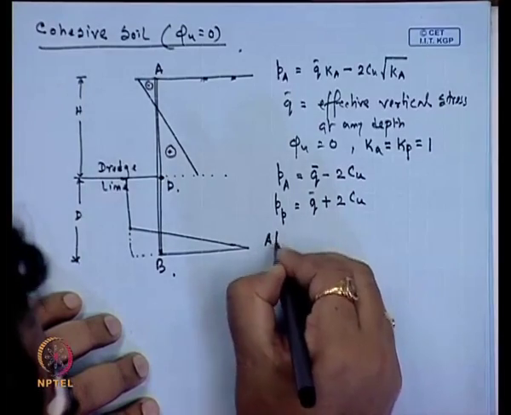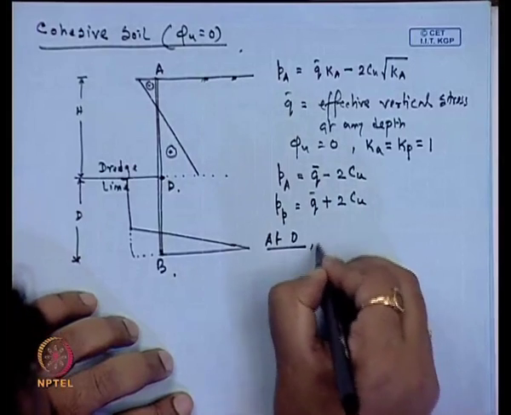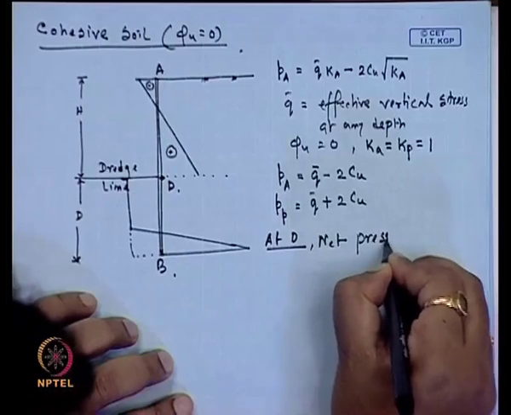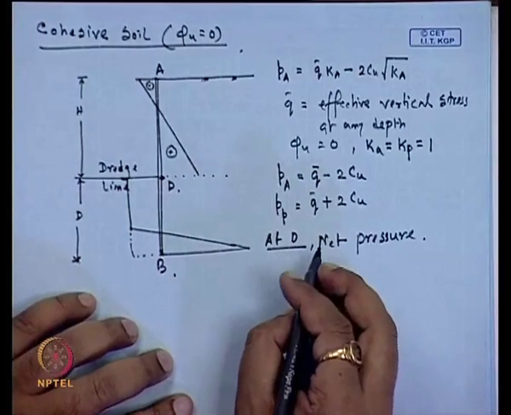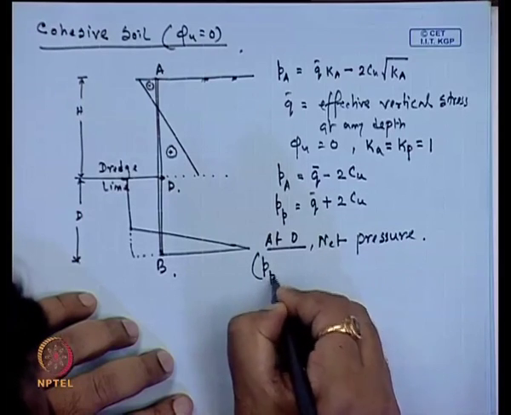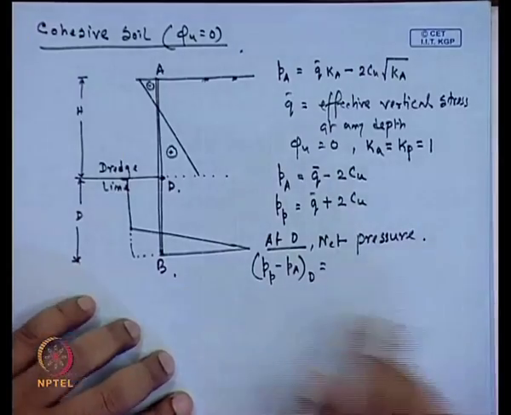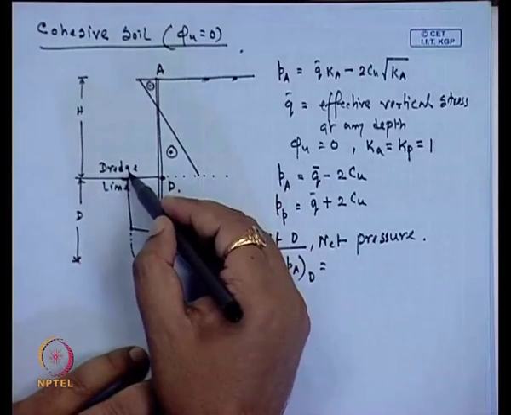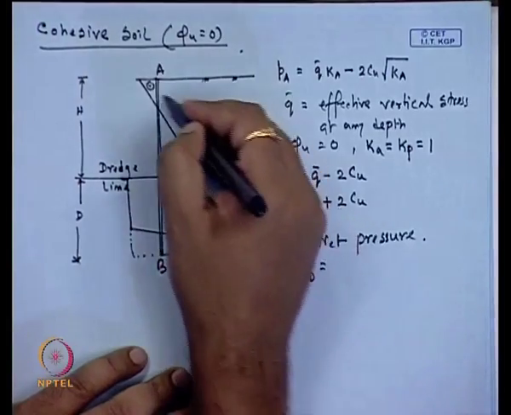So, at D, the net pressure will be P_P minus P_A at D. The passive resistance will act on this side and the active will act on this side.